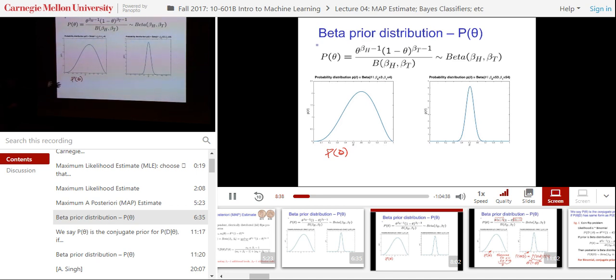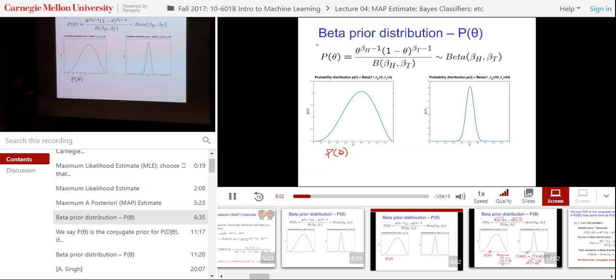Of course, I can make up different beta distributions, and when I talk about the beta distribution, it's really a family of probability distributions. It's parameterized by beta 0 and beta 1. I can pick whatever I want for those. But if I pick beta 0 and beta 1 to be 3 and 4, respectively, then here's the distribution.